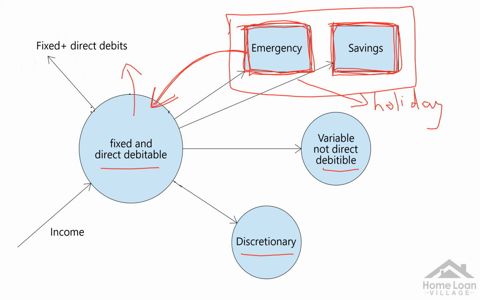But this account likely will have a card attached to it, because that's going to make it easier to do direct debits anyway. And my preference is, when I say a card, I mean debit cards. Debit cards are much better. So that's how you would use that emergency fund if you needed to.